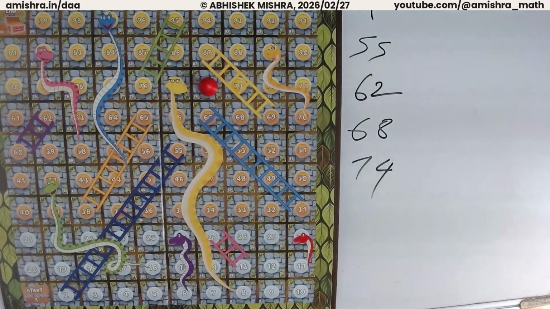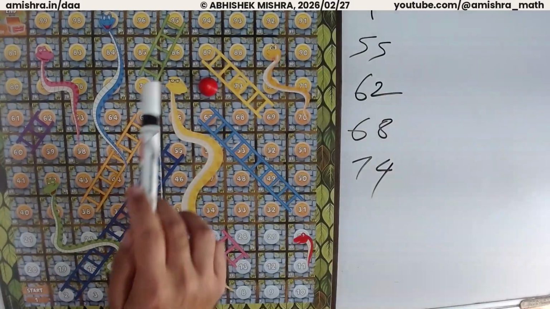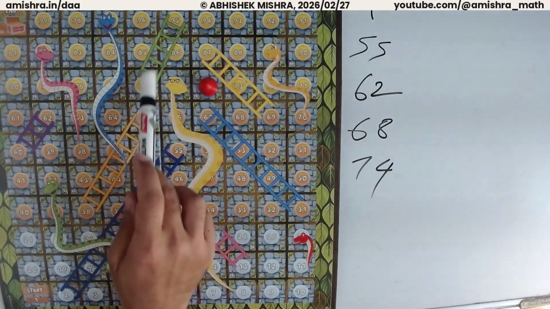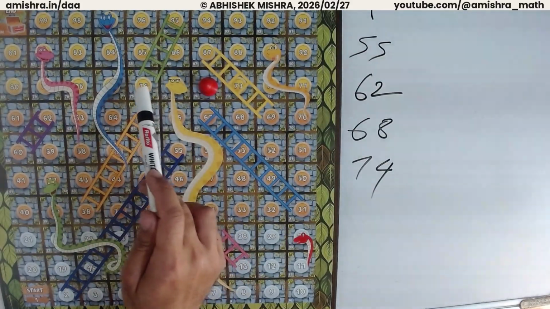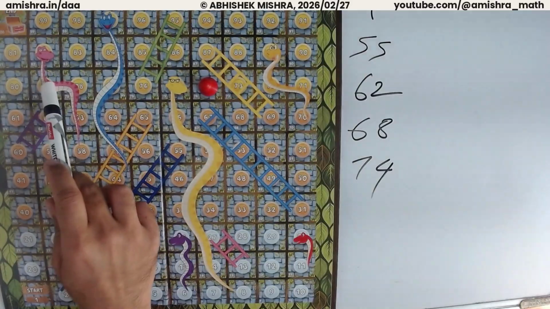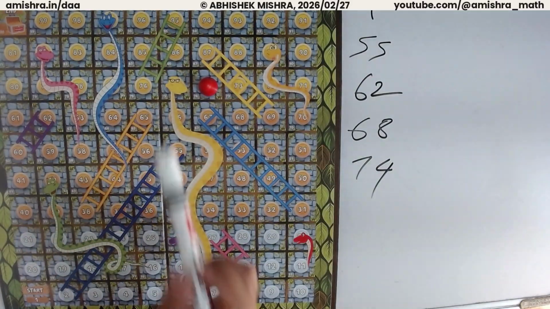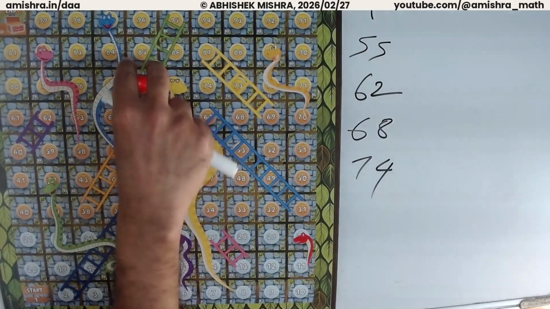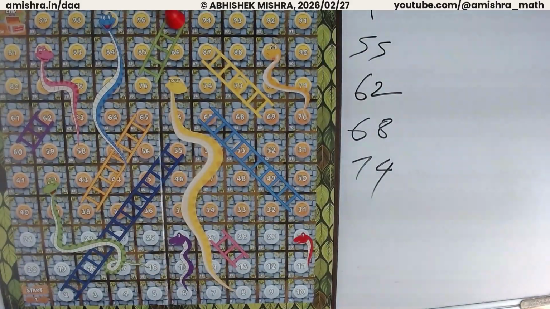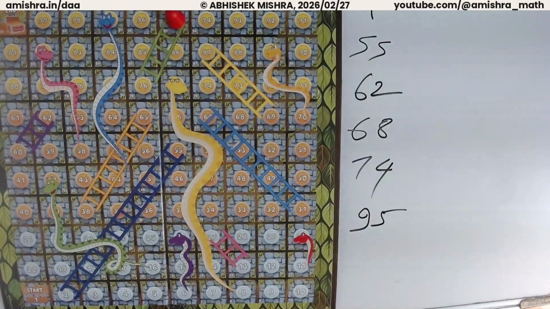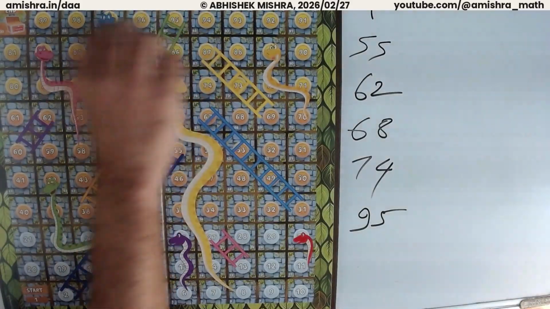Now from 74 we have 75, 76, where we have a ladder to 95, then 77, 78, 79 and 80. So we jump 2 to 76, move up the ladder to 95. Now from 95 we can easily jump 5 and arrive at 100.